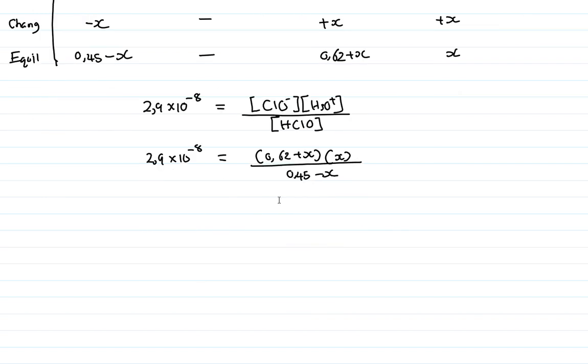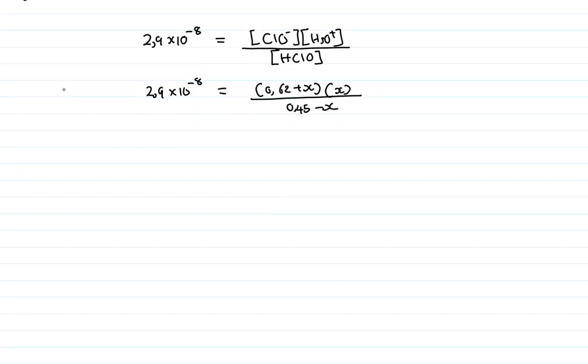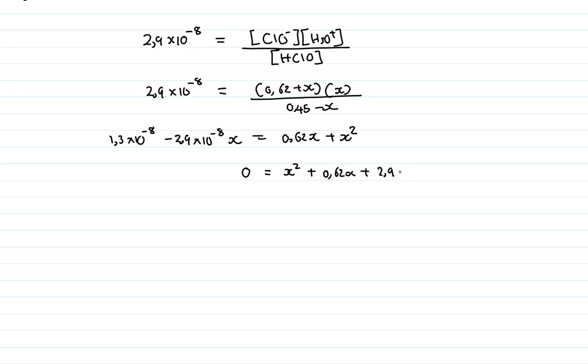So what I'm going to do here is to solve for x. So I'm just going to multiply both sides by the denominator, and I will get something like this. And from there I can take everything to the other side, and then I will have something like this: x squared plus 0.62x plus 2.9 multiplied by 10 to the power of negative 8x and minus 1.3 multiplied by 10 to the power of negative 8.